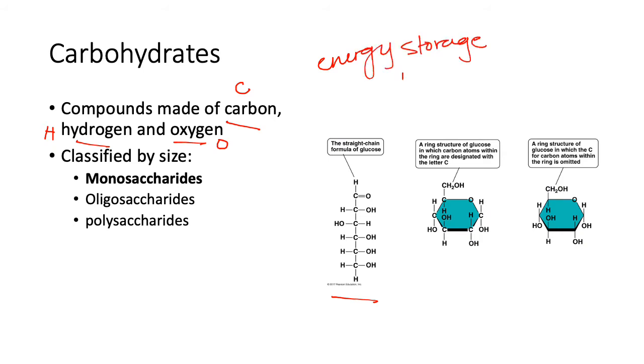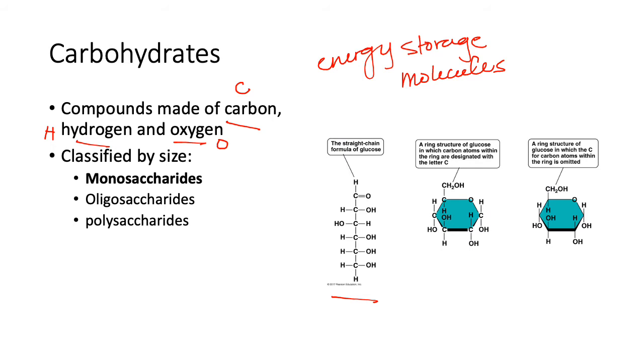So their whole job is to store energy that can later be released and used by our cell to perform work. And that work can be anything. It can be anything from needing our muscles to contract or needing to transport something across a cell or out of a cell. Really any job that you could think of that requires energy, carbohydrates or sugars are probably going to be used or are storing the energy for that work.